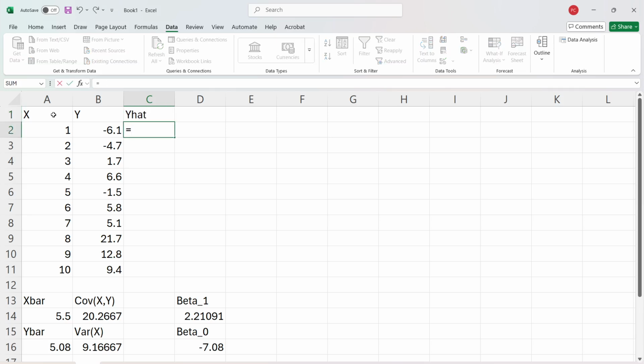Y hat is equal to the intercept, beta 0. So I'm going to use the dollar sign here. It's equal to that value right there, and I do not want that to move. So D16, all right, that'll stay put, plus beta 1, which again, I do not want to move if I decide to click and drag.